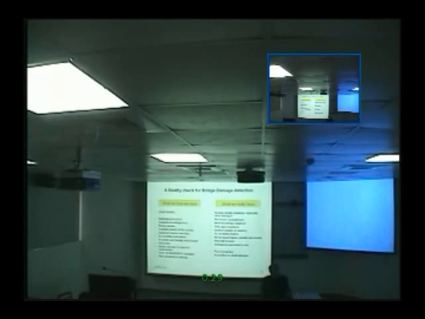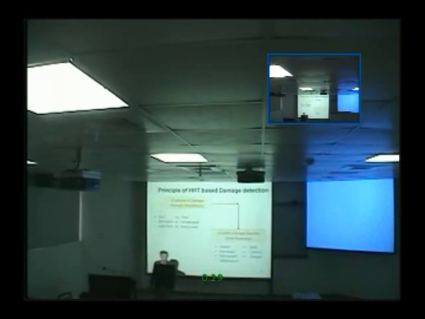One response can be caused by very different damages, and we have fuzzy boundaries. It's also insensitive to small damages. So all of these are our problems, and because of that, we have to think of something different.